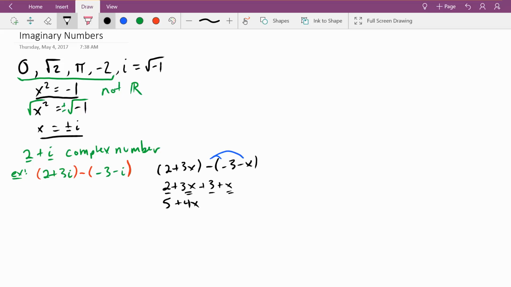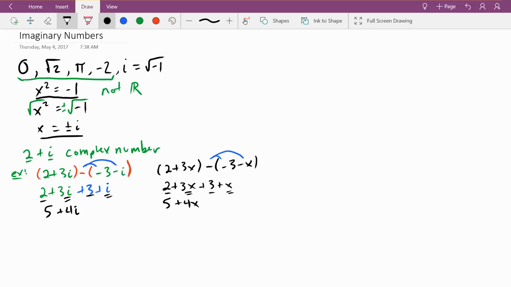Well, imaginaries work much the same. When you distribute this negative to clear the parentheses, we're left with 2 plus 3i and plus 3 plus i. And just as we combined variables, we combine like terms with imaginary numbers. We have 2 and 3 is 5, and 3i and 1i is 4i.